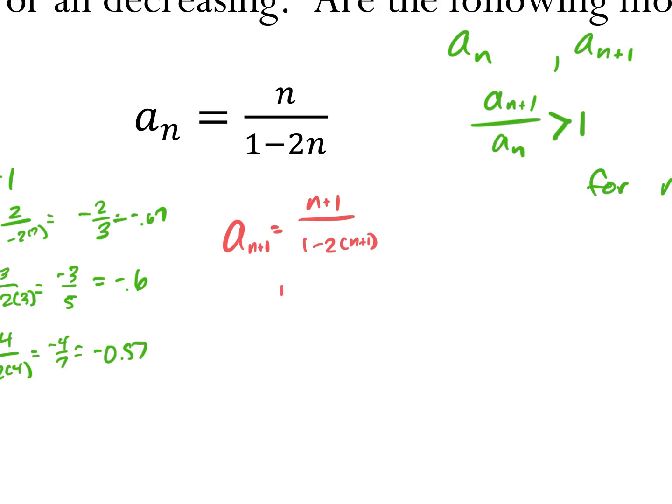Are you guys comfortable with me calling that negative 1 minus 2n, like doing my distributive and combining like terms? Is everybody cool? Okay, so I'm going to do n plus 1 over negative 1 minus 2n. That's my AN plus 1 over n over 1 minus 2n.